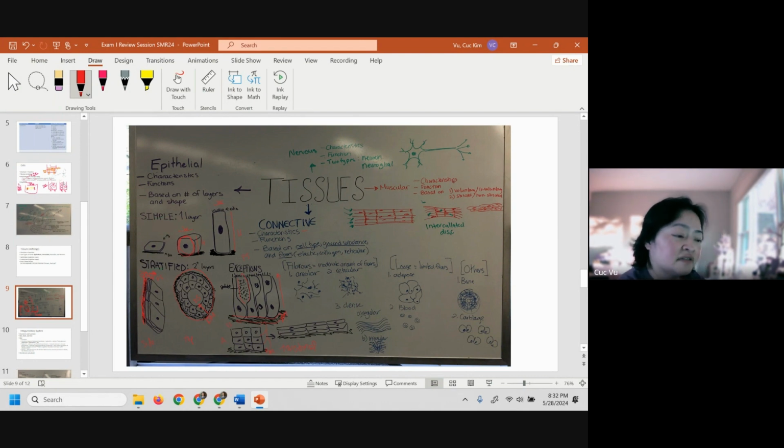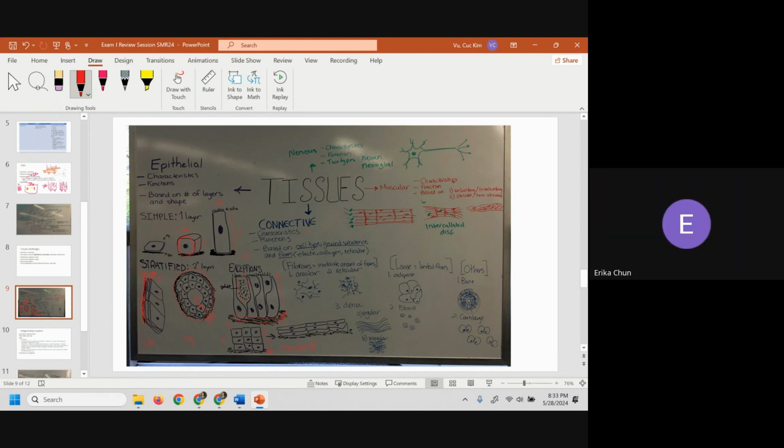Cell type is very varied, and its cell type connects to its function. With fibers, there are three types of fibers. What are the three types of fibers in connective tissue?